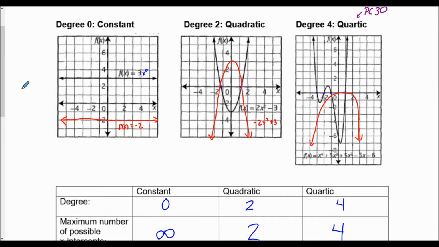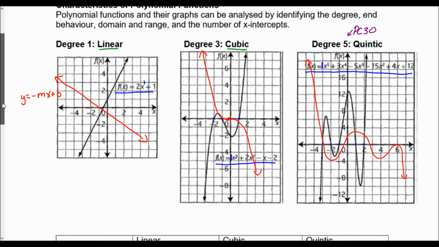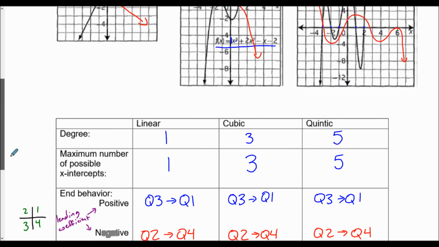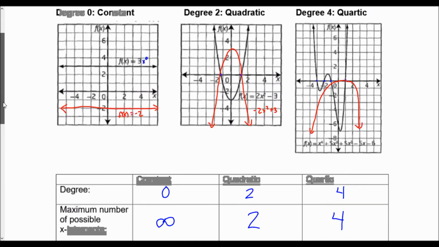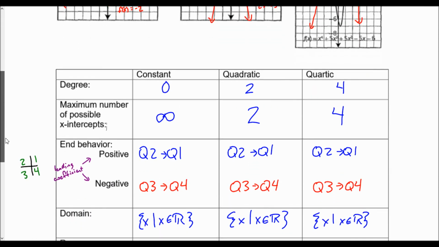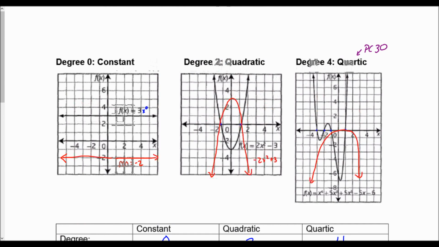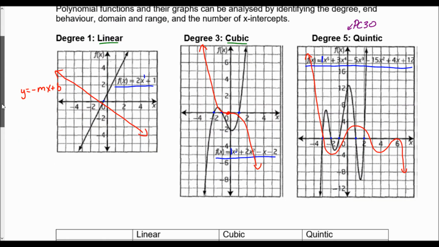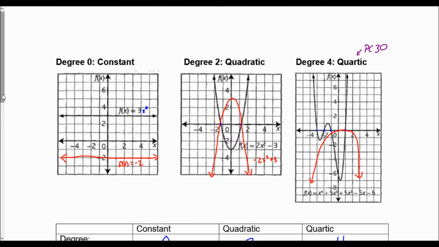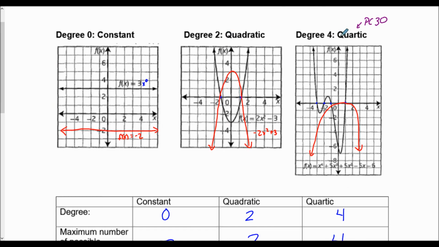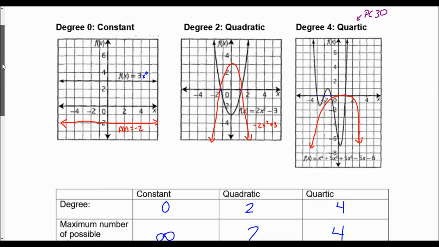So hopefully we're able to see some characteristics between this page and this page. Hopefully you identify that this entire page has all odd degrees. 1, 3, 5 are all odd numbers. 0, 2, and 4 are all even numbers.